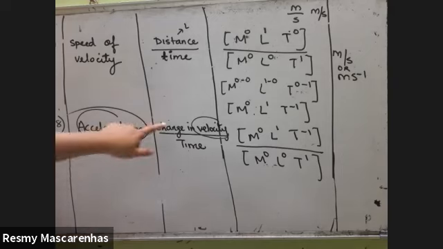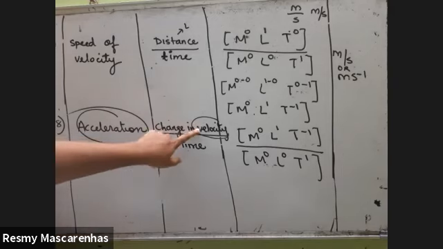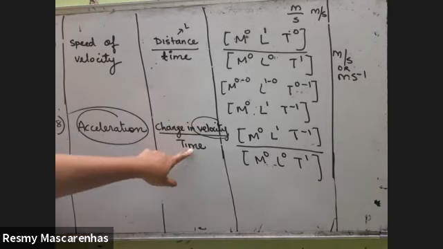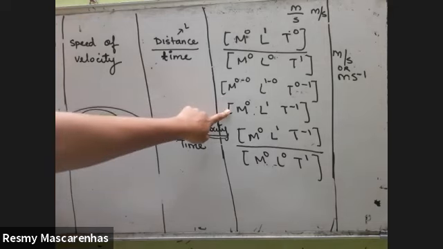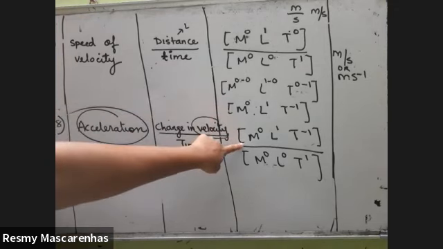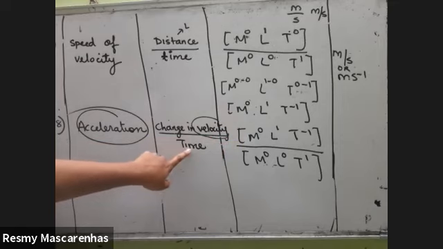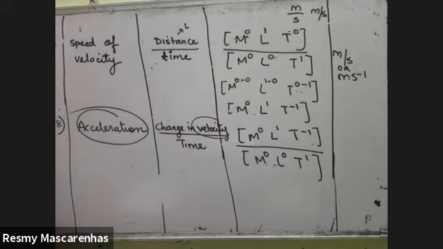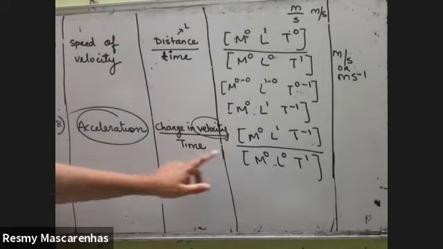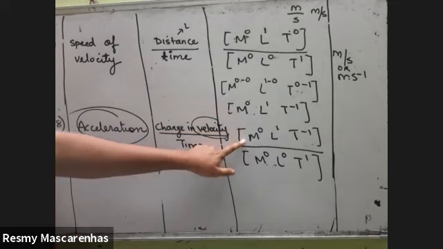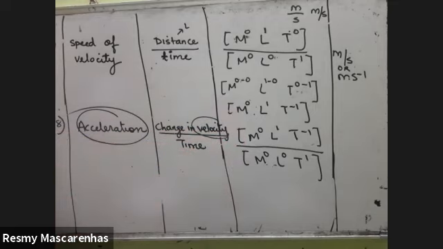The formula is fixed. Acceleration is velocity upon time. The velocity dimensions here only I have, so I put the velocity dimensions. In time, I already know from the third one. From serial number 3, time is what? This. So for velocity I put velocity dimension, for time I put time dimension. Now calculate and tell what will be the powers.